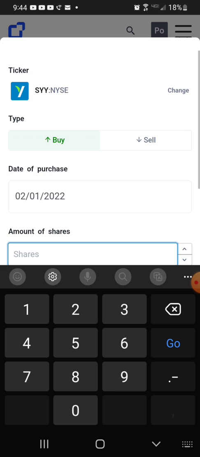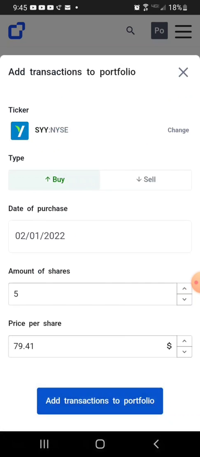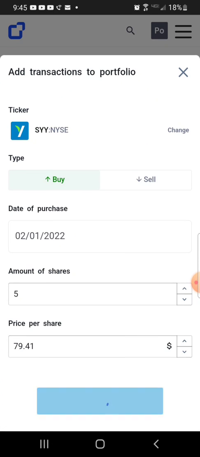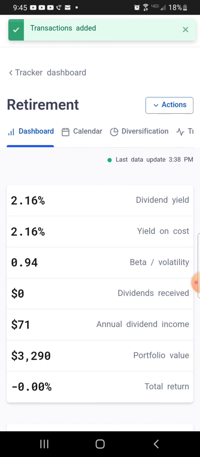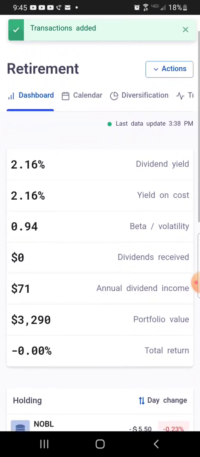They deliver a lot of things, mainly food to restaurants and grocery stores. So they're in the same sector as Coca-Cola. And I got 5, so we're going to put 5. Add transaction. And you guys can see the yield is still looking decent.